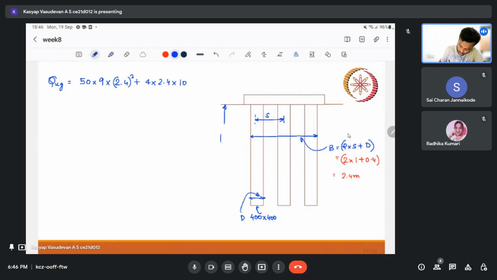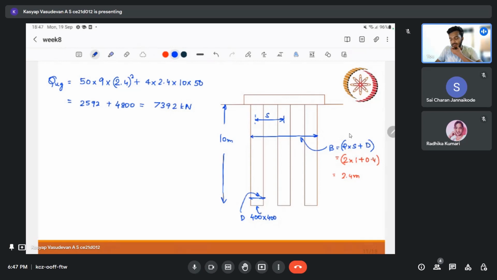Our length of the pile is 10 meter into 50. That is our Cu. This turns out to be 2592 plus 4800, that is 7392 kN.